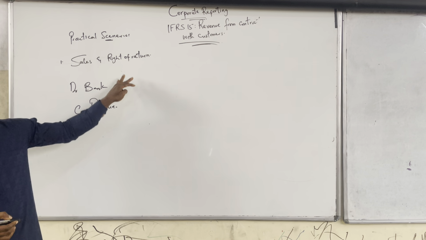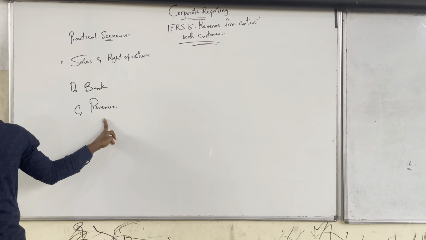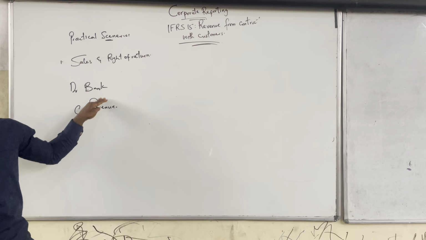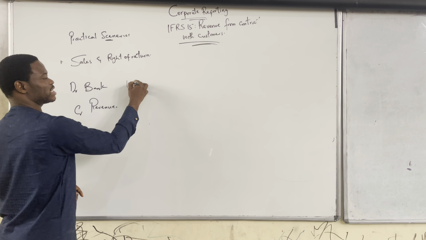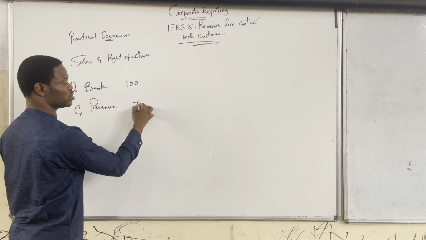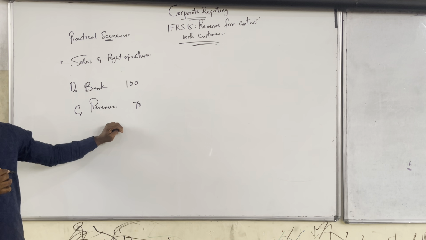Now, the customer has paid for it. Let's say the customer paid 100 naira and the portion they cannot return is 70 naira. The portion they can return is how much?